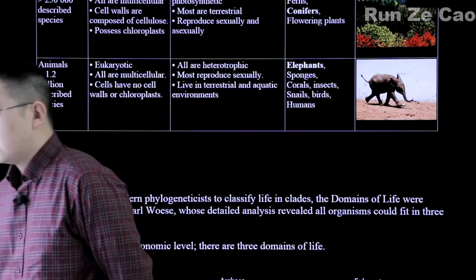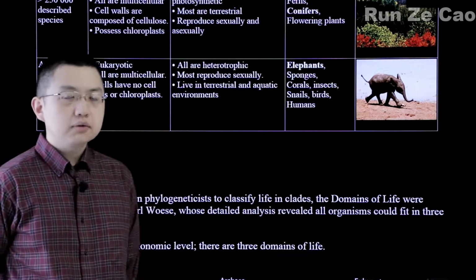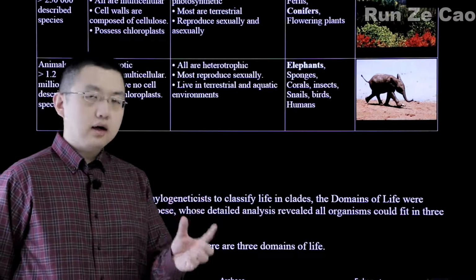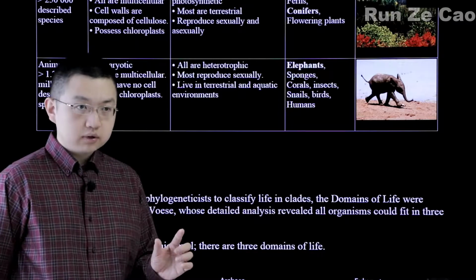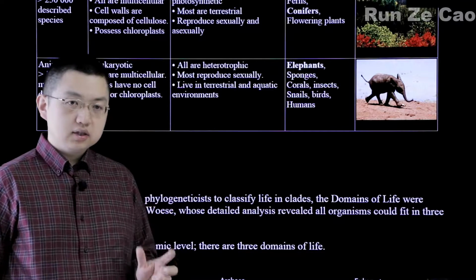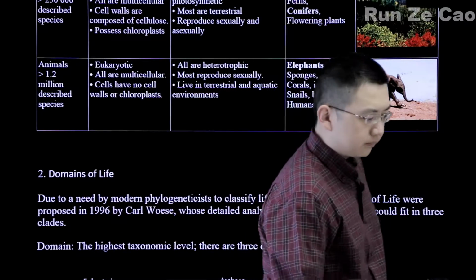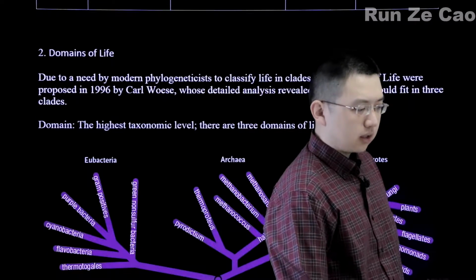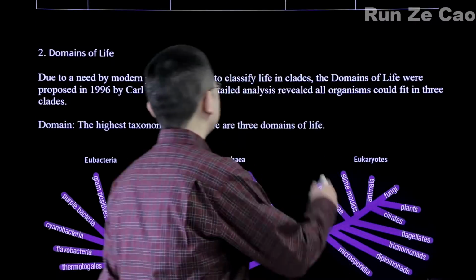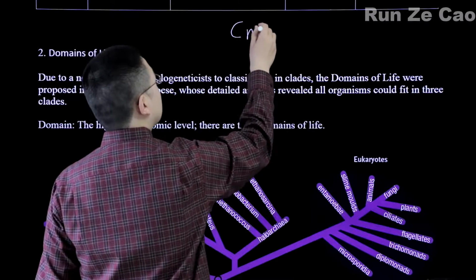Corals, well, they are animals because they are part of the Cnidarian group, in the polyp stage, to be specific. Cnidaria, oh, by the way, that's spelled like this.